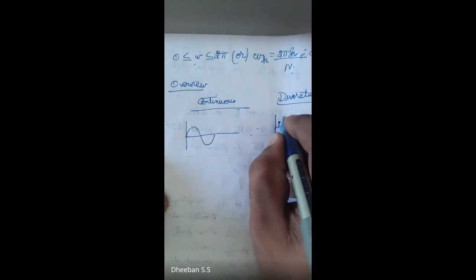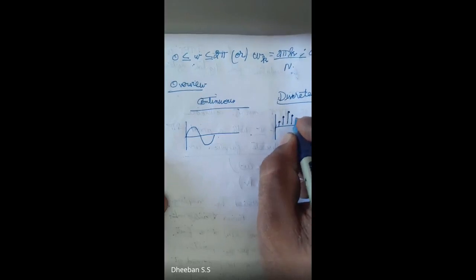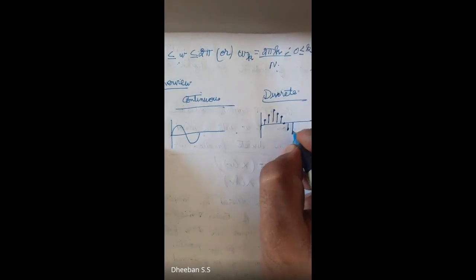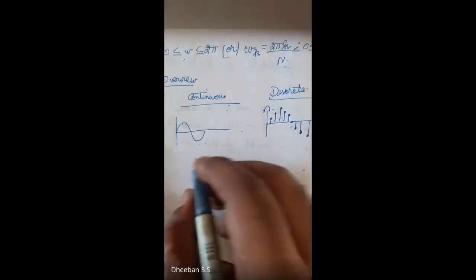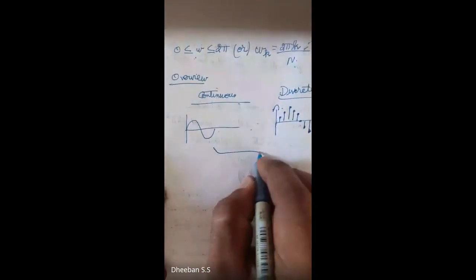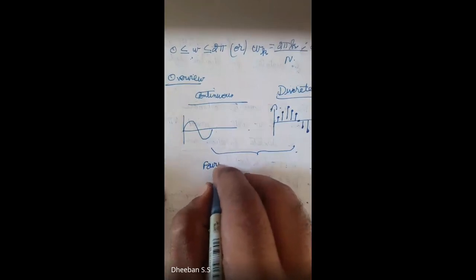So for these two signals, it is possible to take the Fourier transform, right? You can take the Fourier transform for your periodic signal. I'm just giving an overview so you can easily understand.